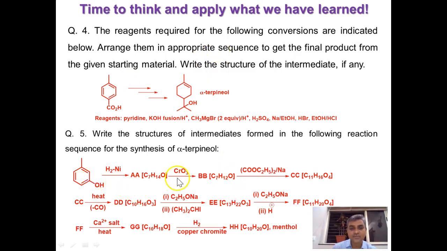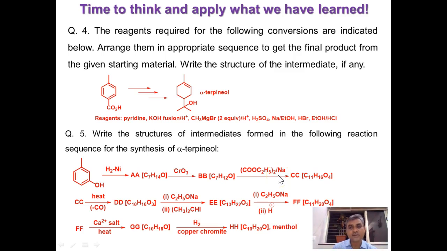Here is a synthesis of menthol; by mistake, this has happened. And here the synthesis of alpha terpineol is shown, where these two are somewhat parallel, because menthol is here and alpha terpineol is here. Both of them start from aromatic compounds, and how an aromatic compound is functionalized to get alpha terpineol is shown with the help of these two problems.